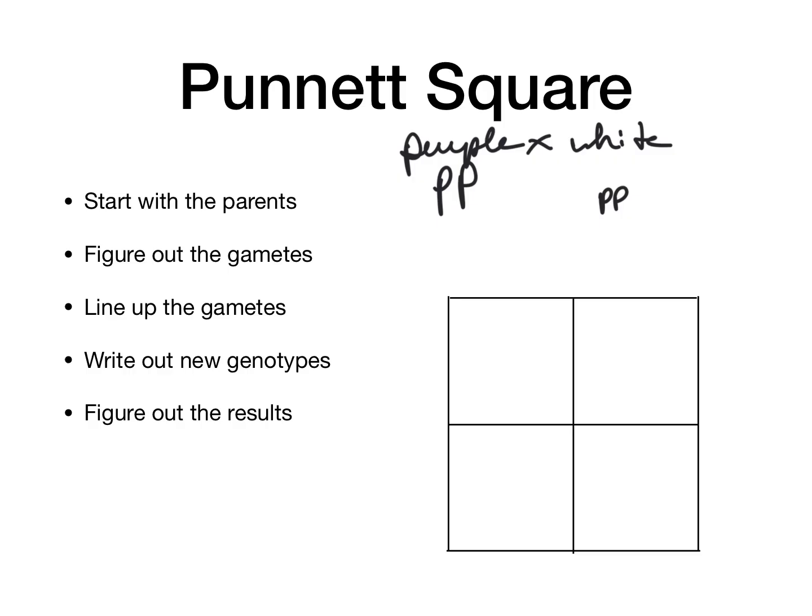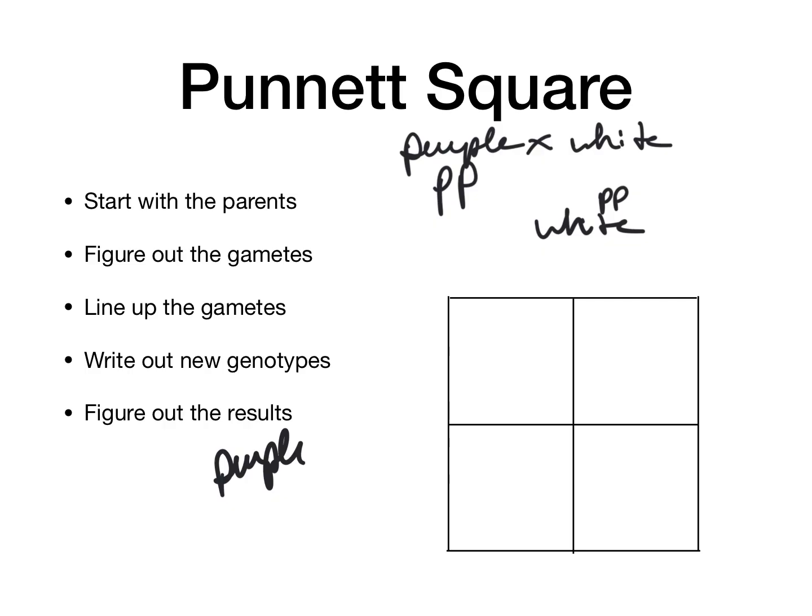P's are a little tricky because they look the same when they're capital and lowercase. So I will make my capital P's really big and my lowercase p's really small. A Punnett square is designed to help you figure out the potential offspring. This is not a guarantee. These are chances. So one parent goes on one side of the Punnett square and the other parent goes on the other side.